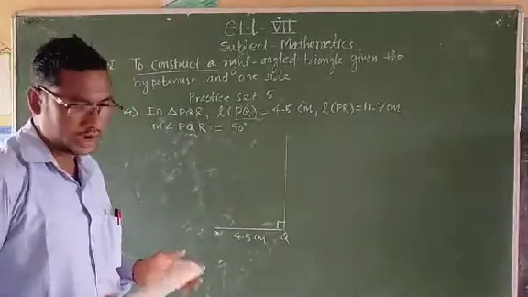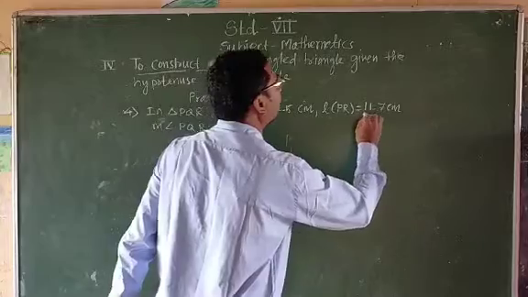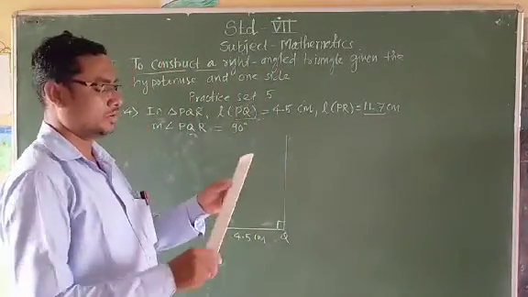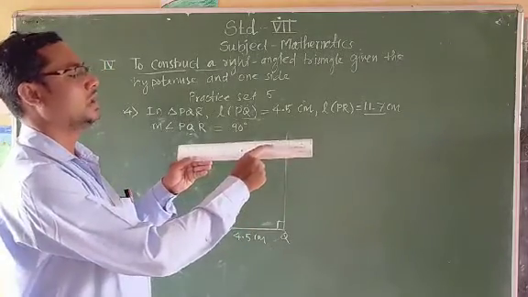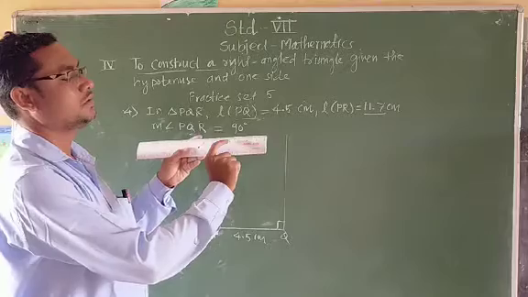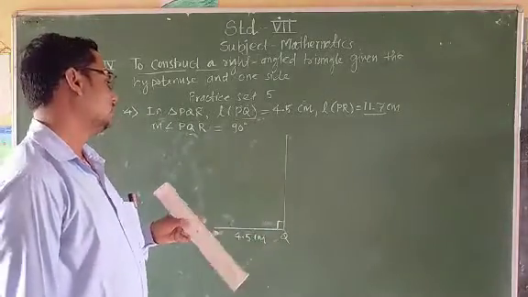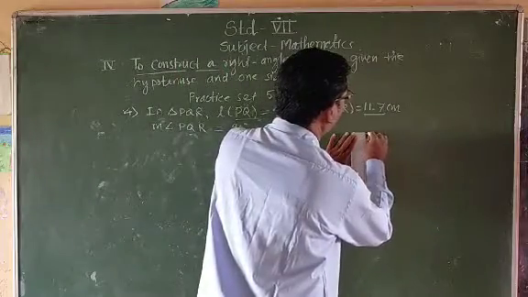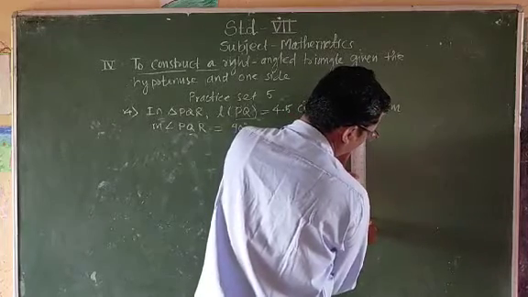Then after that here PR is given how much? 11.7. 11.7 given. Okay. So look here, the scale 11.7. After 11 count how much line? How much? 7 line. Okay. 1 and after 11 count the 7 line.